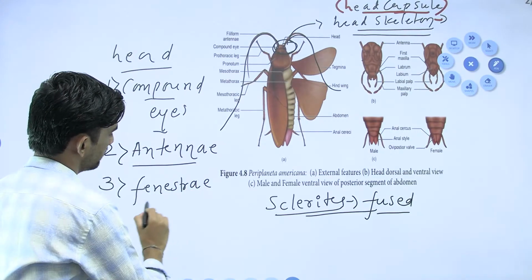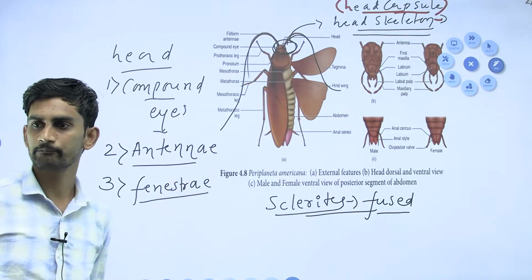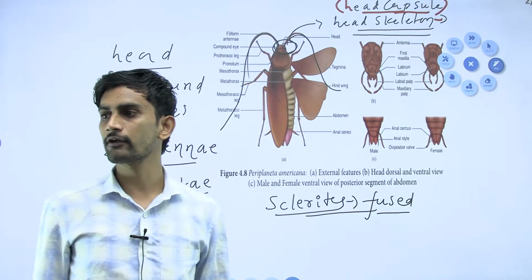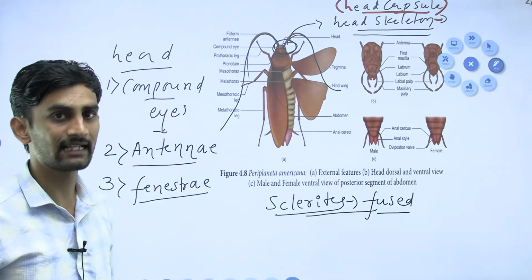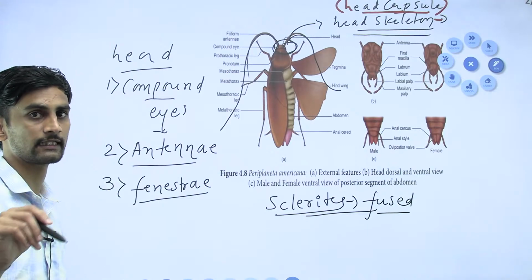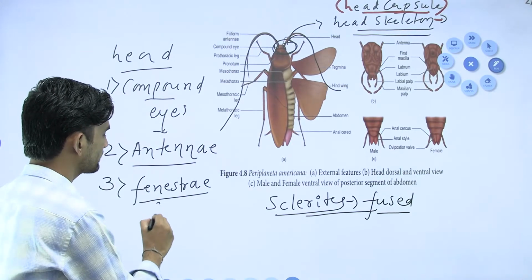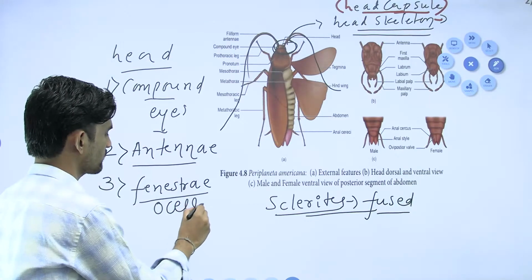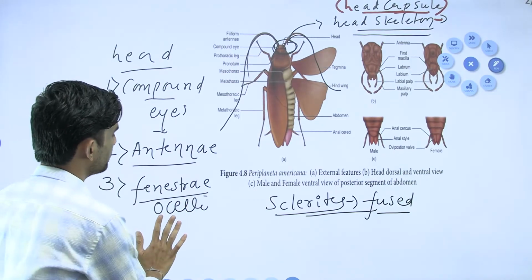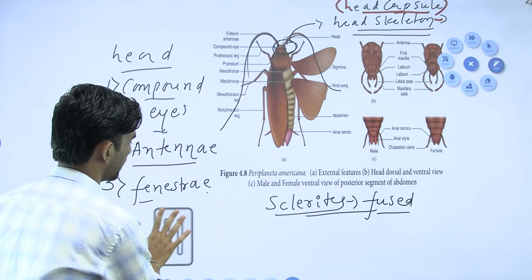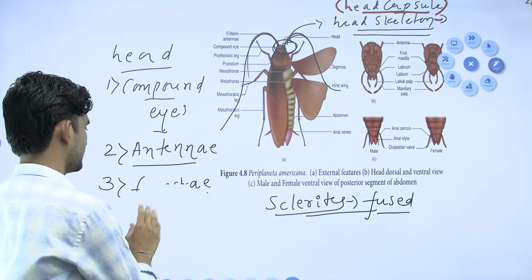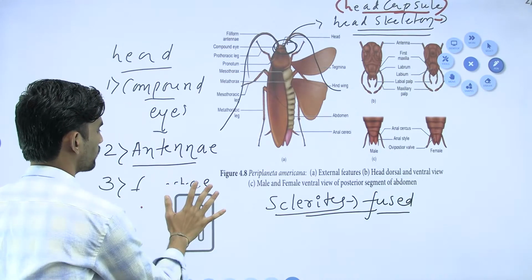Fenestrae, or we can also call it an ocellus, singular. Usually we have two, which I call ocelli. Instead of calling them ocelli, better to call them fenestrae. This is a very important point.